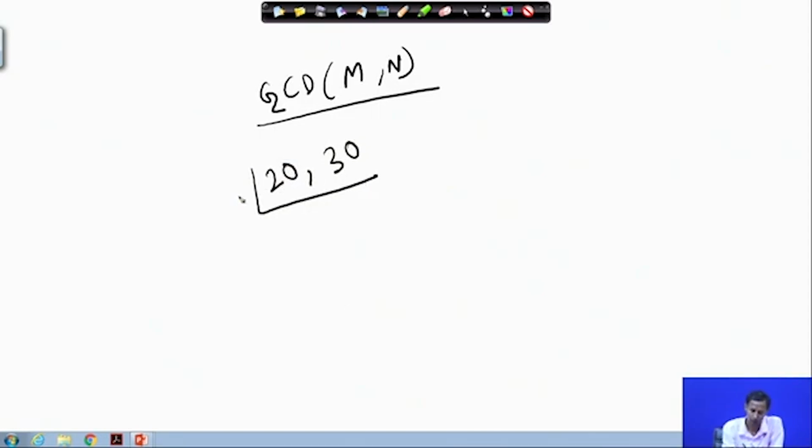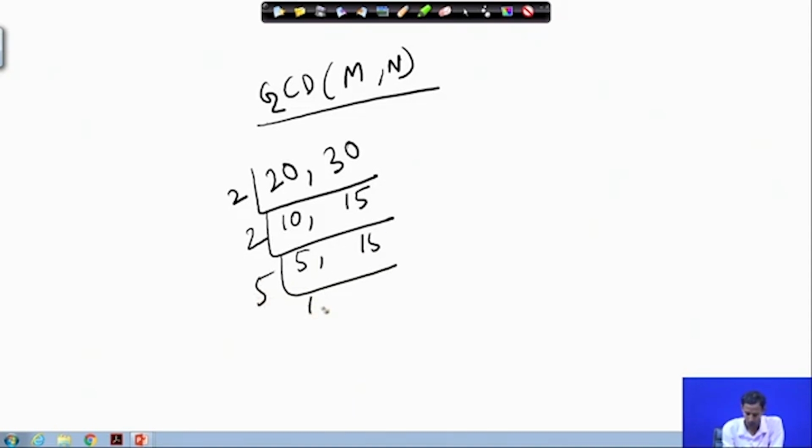Initially, how can we find it? Divide by 2: 10 and 15; then by 5: 2 and 3. Then what is common here? 5 is common in both cases and 2 is common in both cases.